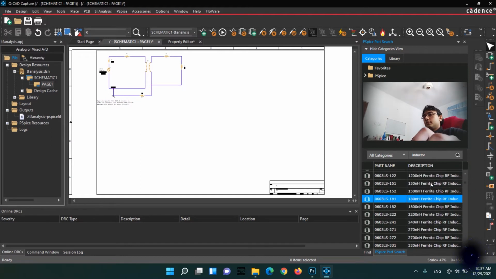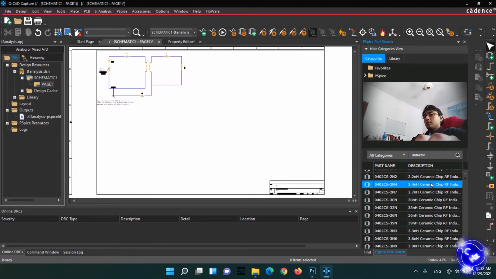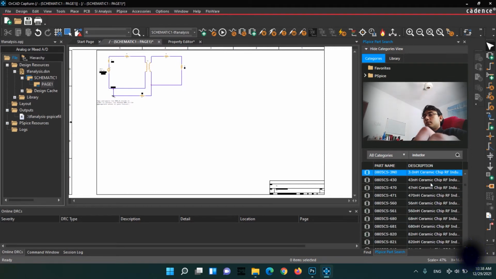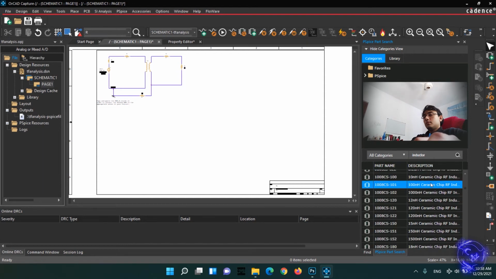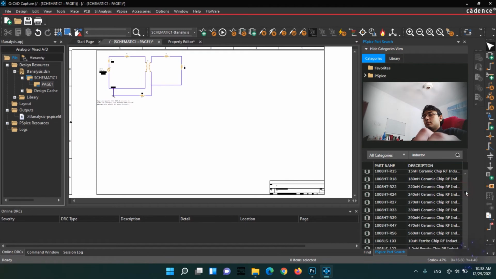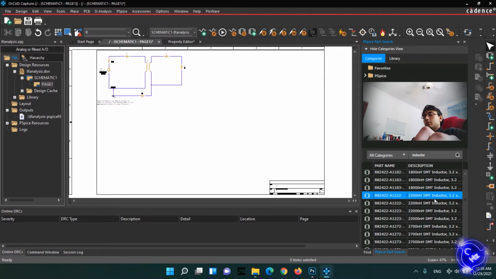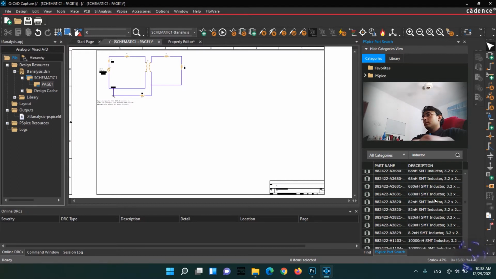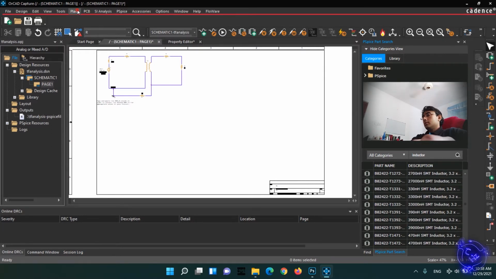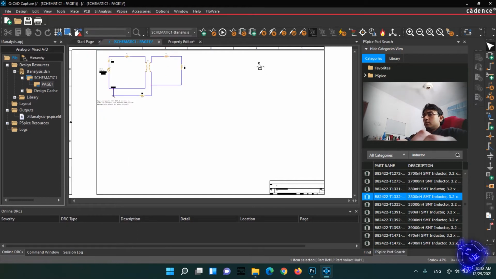There are plenty of elements here. Place PSPICE component, you have the inductor here, right? I placed it here.